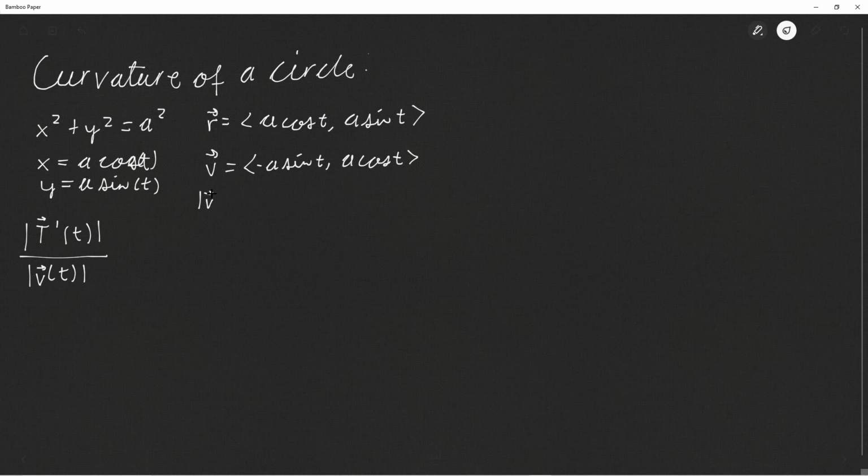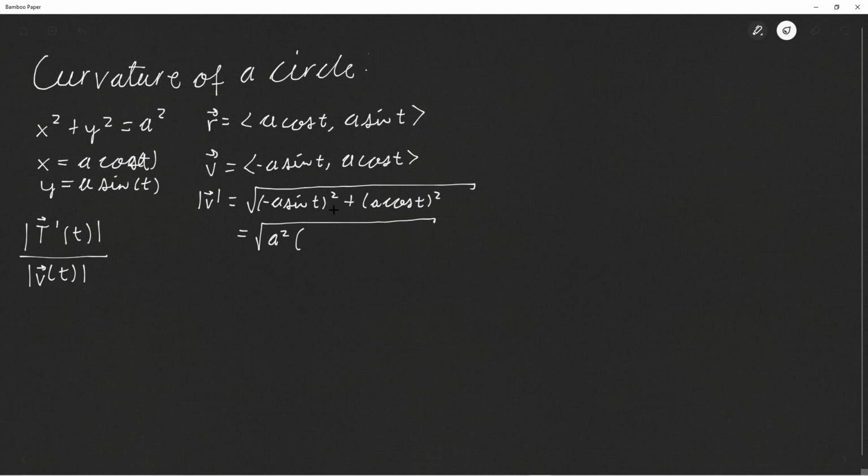So our magnitude of velocity is going to be equal to the square root of negative a sine of t all squared plus a cos of t all squared, which is going to be equal to, we can factor out a squared, and then it'll be sine squared of t plus cos squared of t. So this will just become 1, and then a squared multiplied by 1 is just a squared, giving us just a from the square root.